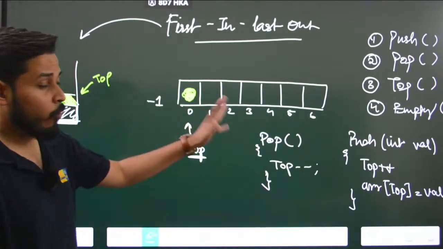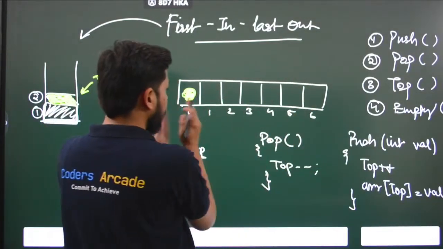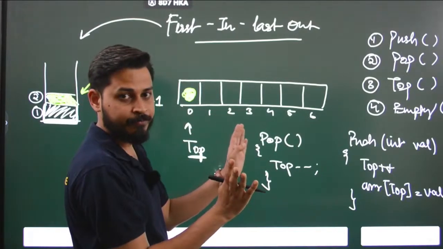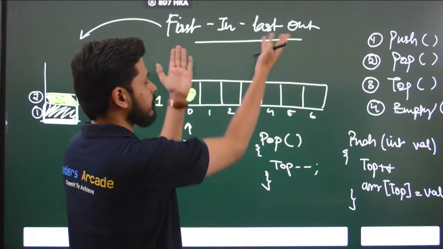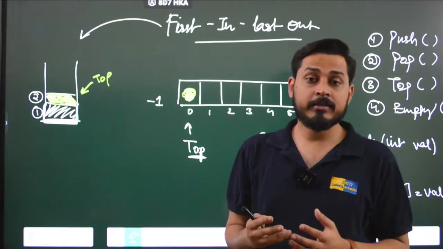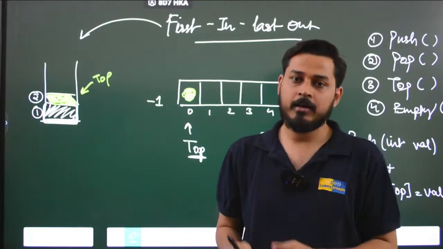Well, what I am doing here is that push is allowing me to push all the elements, and top is the latest element which got added. And when I pop, I will just say top minus minus, hence first in last out got implemented automatically in the array. And this is how you implement the stack using the array.